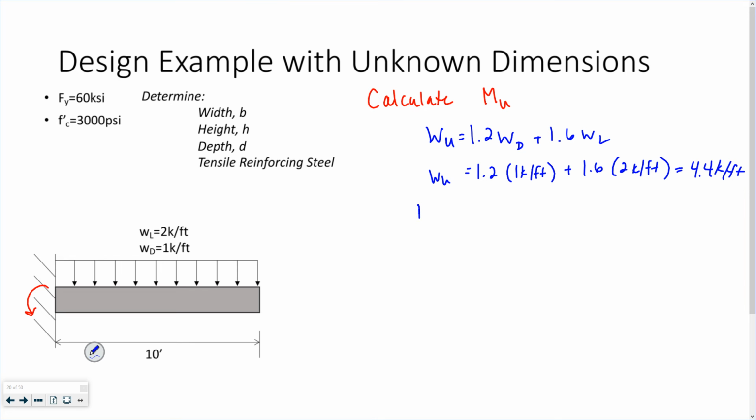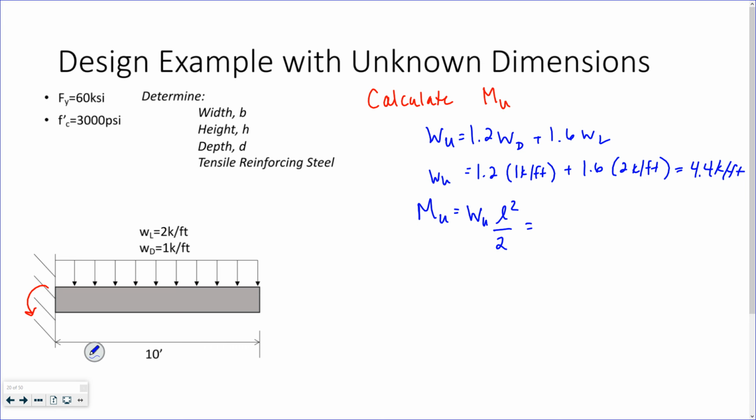So my moment is Wu times L squared over 2. The resultant load is Wu times L, and it happens at L over 2 from the support.